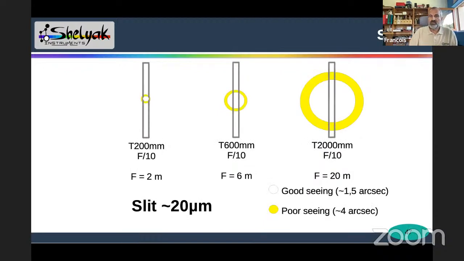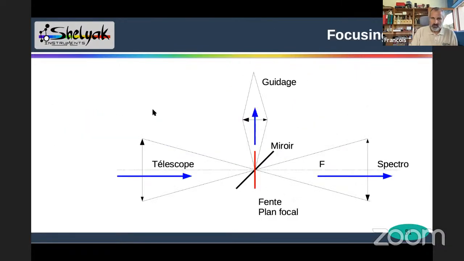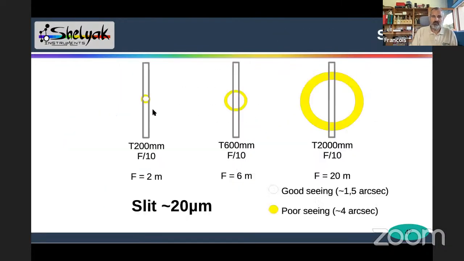Now, regarding the slit size, we already talked about that, but imagine that with a small telescope of 20 centimeters like this at f10, which is a Schmidt-Cassegrain telescope, very basic, the image of the star is, depending on the seeing here, something like 20 microns wide.